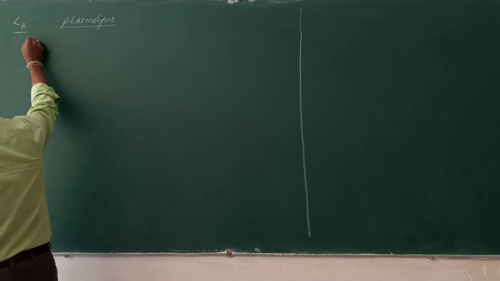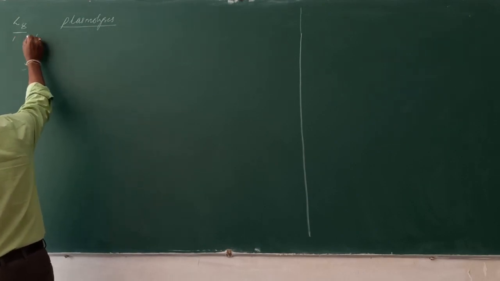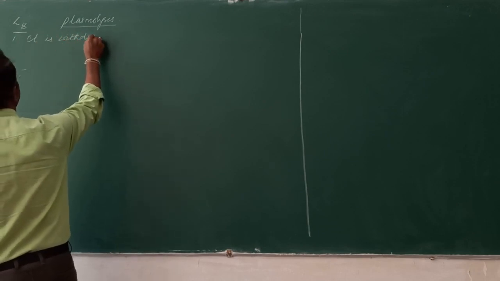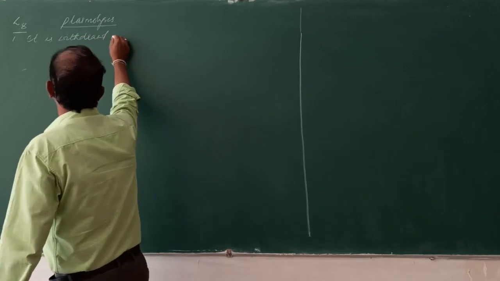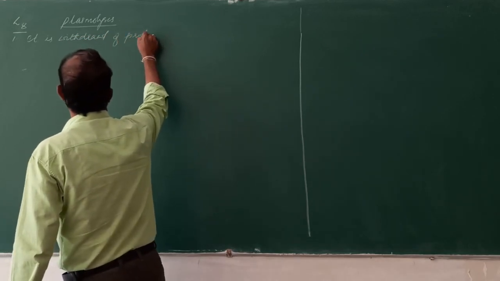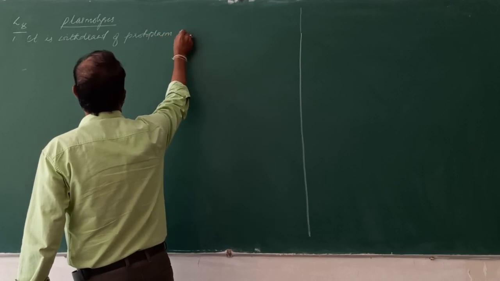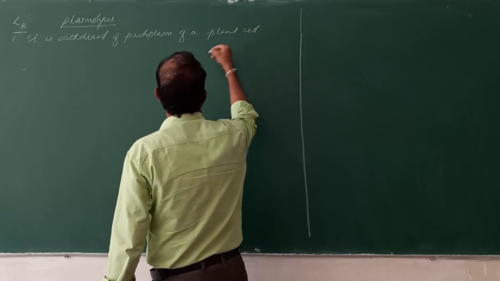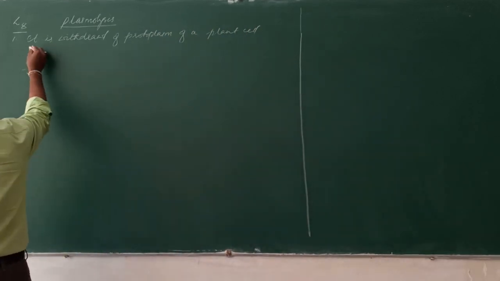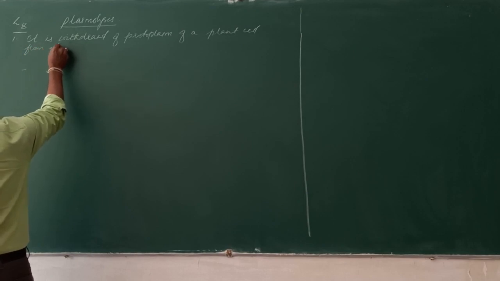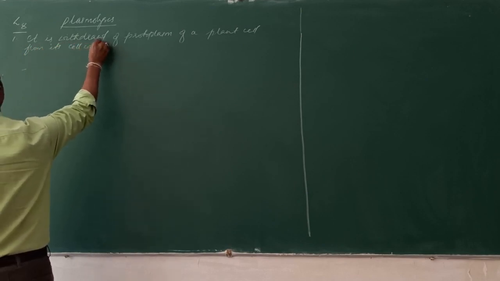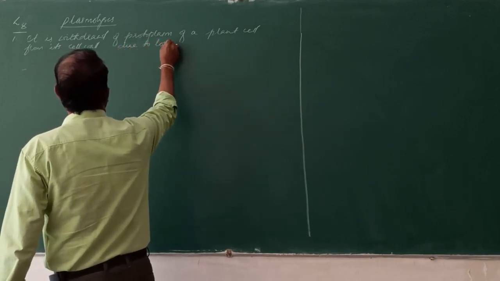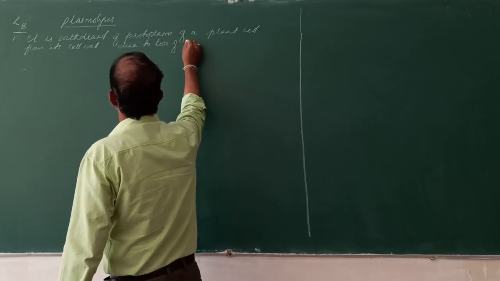Okay, so the first point: in other words, I can say plasmolysis is the withdrawal of protoplasm of a plant cell from its cell wall due to loss of water.